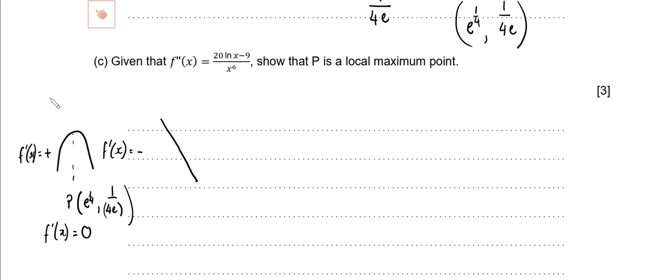If that's f of x, this would be f dash of x, and f dash dash of x would be a straight line, but in the negative region, the gradient of the gradient.